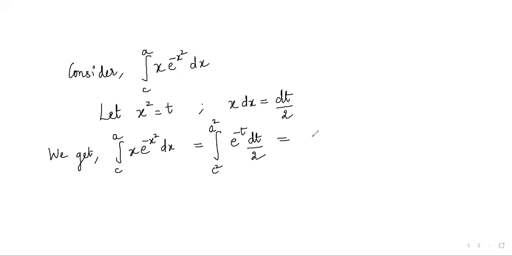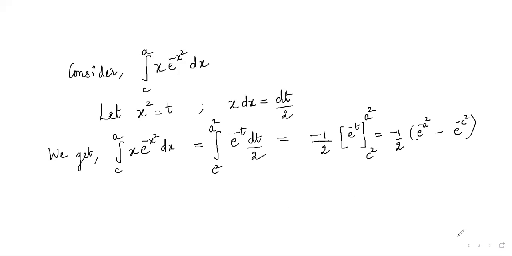Let us integrate it: minus 1 by 2 e raised to power minus t, and the limits are from c² to a². Let us put here these limits: minus 1 by 2 [e raised to power minus a² minus e raised to power minus c²].